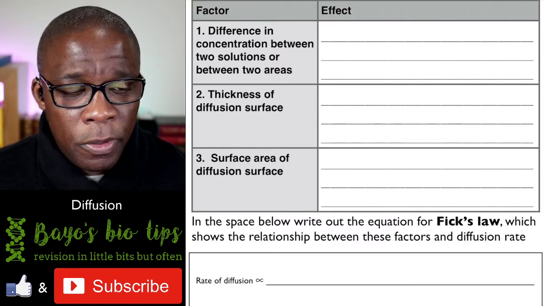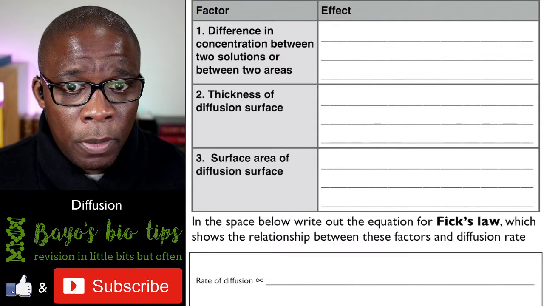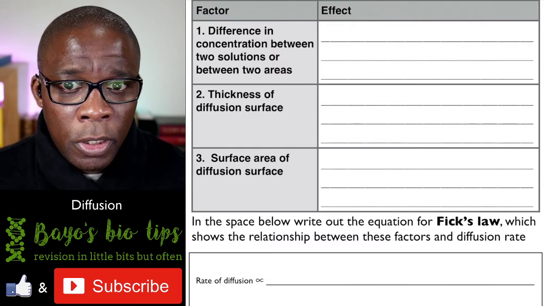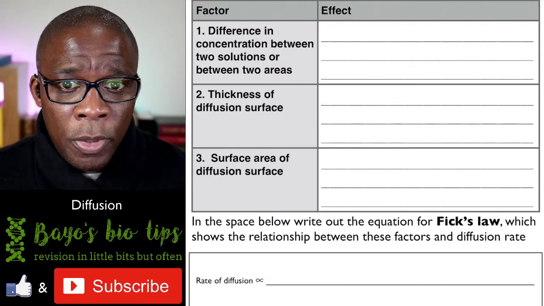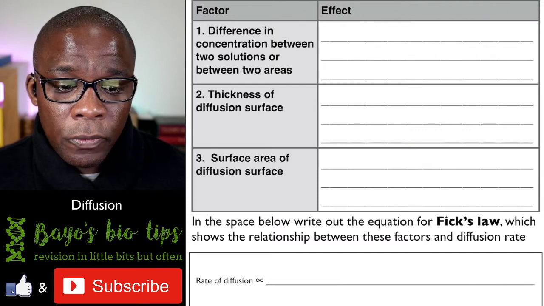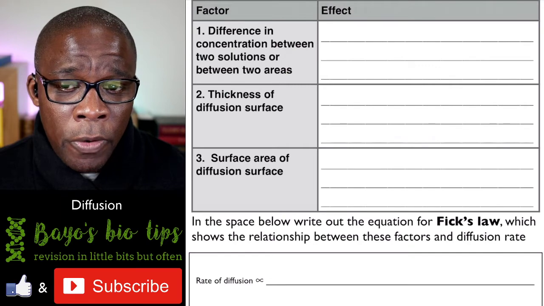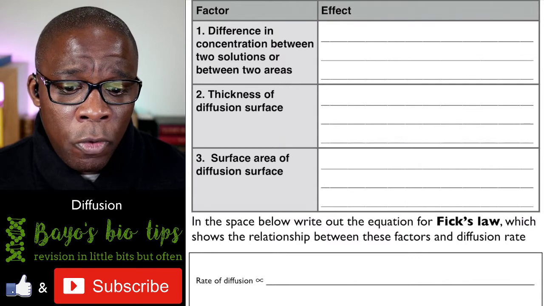Okay, so you've had a chance to think about these different factors. Let's work through what their effects would be. So the difference in concentration between 2 solutions or between 2 areas. So basically the difference in concentration from the area in which the particles began to the area they're moving towards.